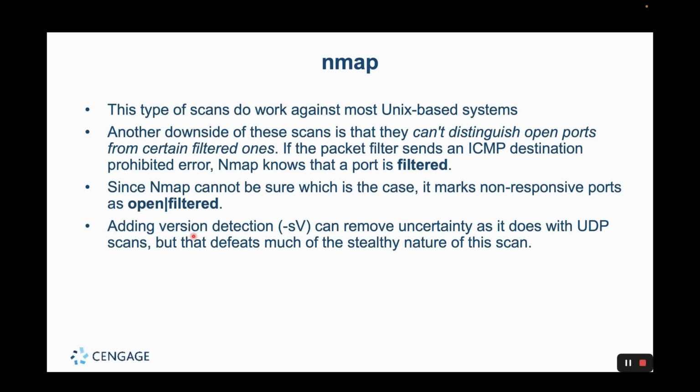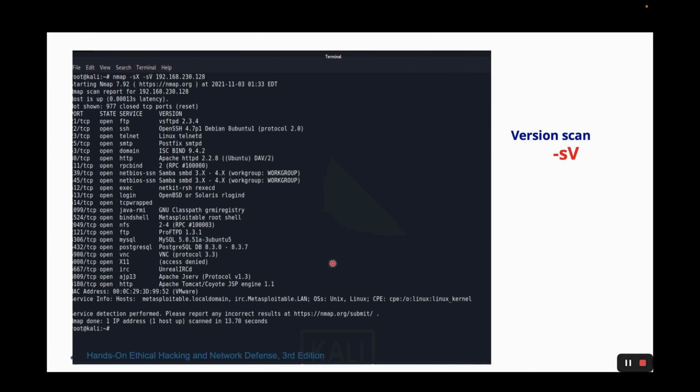I think it's very important to add version detection, which we will discuss later, that can remove uncertainty as it does with UDP scans, but that defeats much of the stealthy nature of this scan.